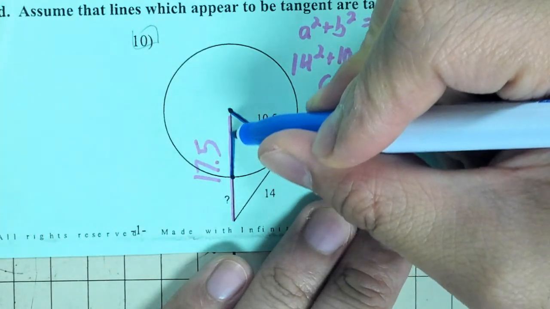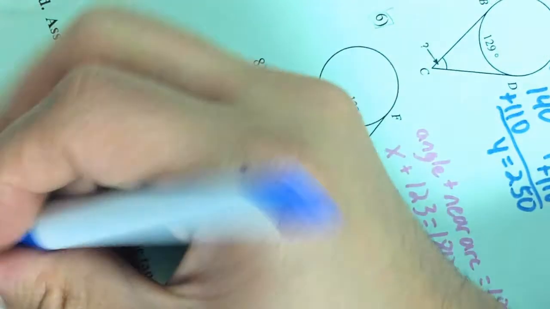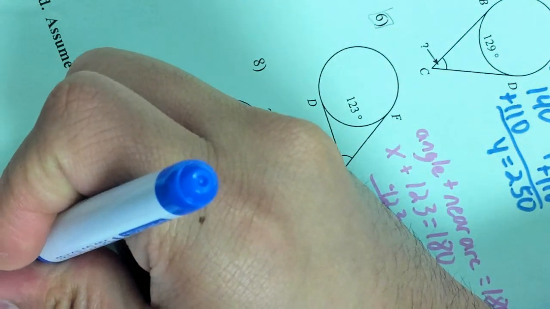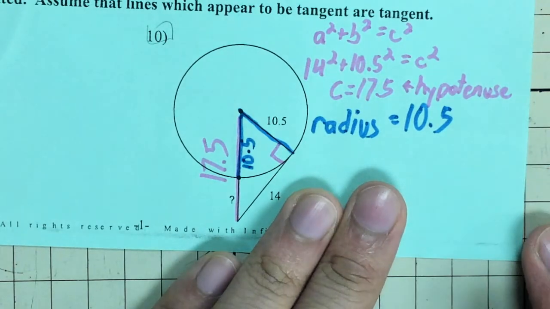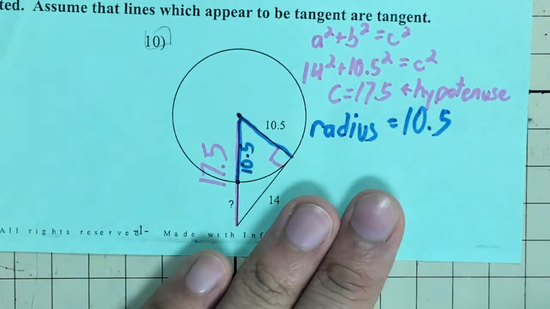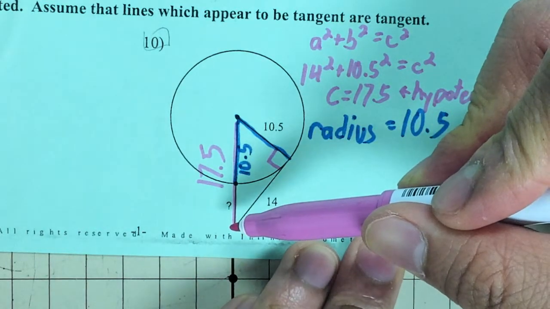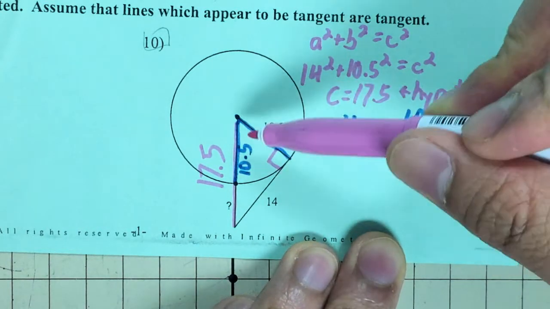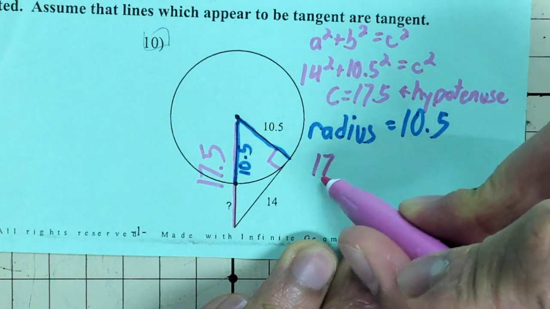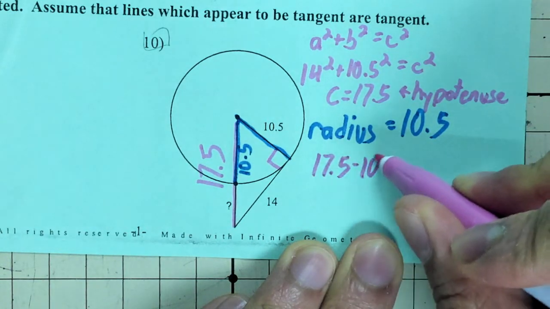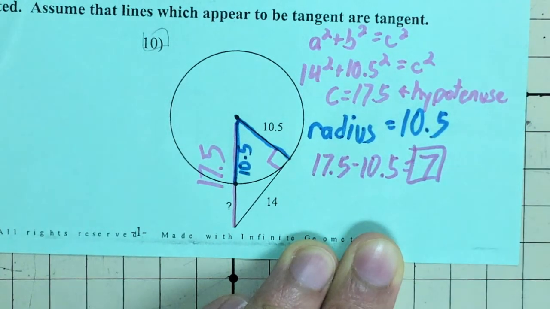This line over here is also a radius, which means this segment over here is also 10.5. So now what we have is, this full line is 17.5, the top portion is 10.5. To get the bottom portion, we can just subtract. 17.5 minus 10.5 equals 7. There's my answer.